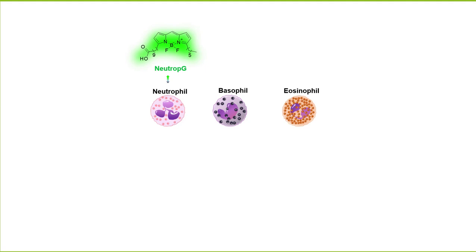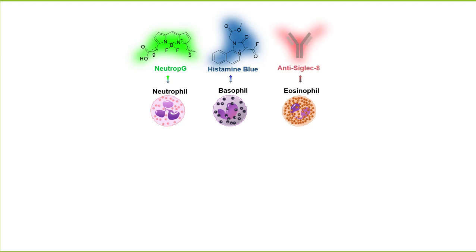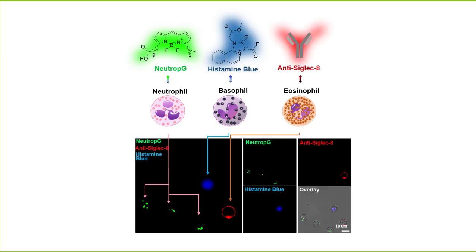So as a summary for this approach, for neutrophil we found for the first time the neutrophil G probe. For basophil, previously we had an indirect way by developing a histamine sensor. Histamine is the secretion molecule by basophil. We checked this molecule and it seems it can selectively stain basophil. Eosinophil we couldn't find yet, so we just used the antibody, then mixed these three cells together and stained them.